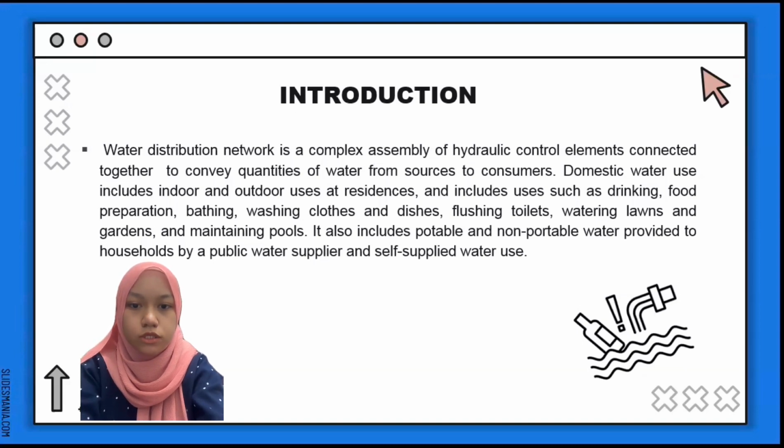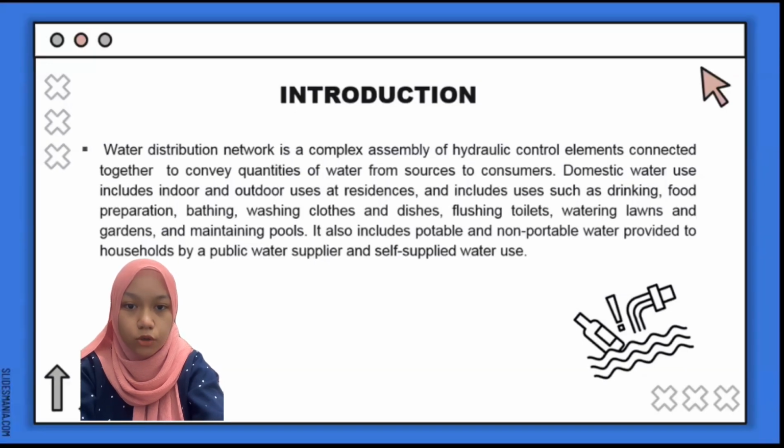Domestic water use includes indoor and outdoor uses at residences and includes uses such as drinking, food preparation, bathing, washing clothes and dishes, flushing toilets, watering lawns and gardens, and maintaining pools. It also includes potable and non-potable water provided to households by a public water supplier and self-supplier water use.